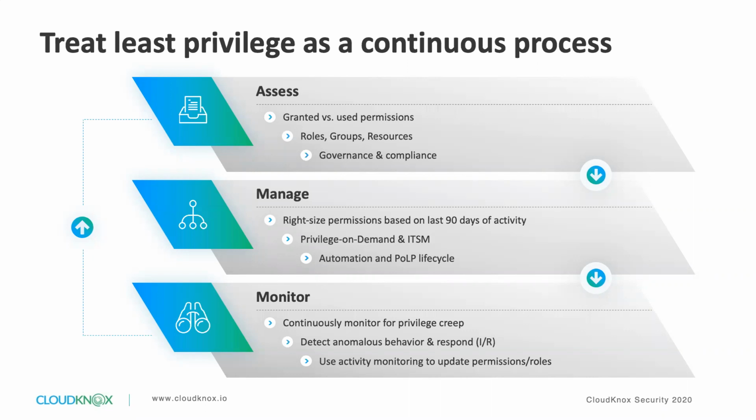Secondly is managing. We've talked about this concept of right-sizing the permissions based on the activities and doing this over the last 90 days. This is sort of a best practice and something that we've embraced as well. That can be adjusted if you decide that you want to create a shorter time frame or broaden that. But again, right-sizing that is not only a concept of permissions, but also time as well. We also mentioned privilege on demand, just-in-time access, and ITSM, things like ServiceNow.